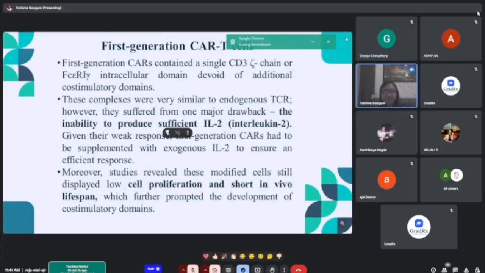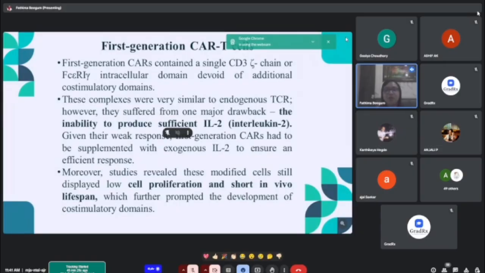As we already said, co-stimulatory domains help with T cell activation. It is highly essential. So the first generation doesn't have co-stimulatory domains, and it also doesn't have sufficient signaling in the attaching region.